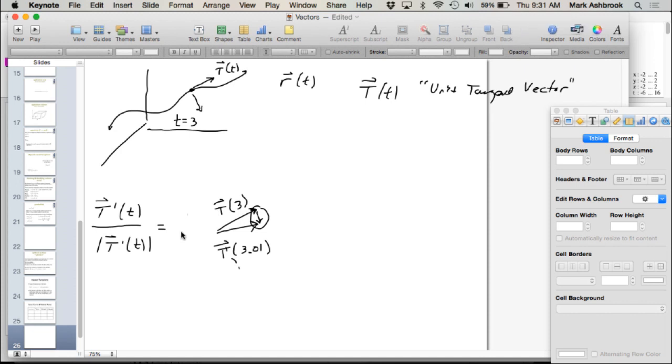the unit normal vector, because it's normal to the curve. The unit normal vector is normal to the curve, and it gives the direction of turning. Do you see that at this moment we're turning down and to the right, or we're turning clockwise?